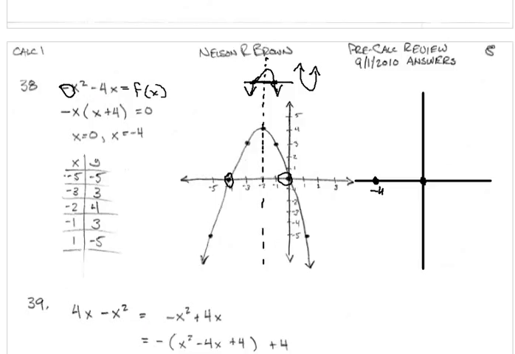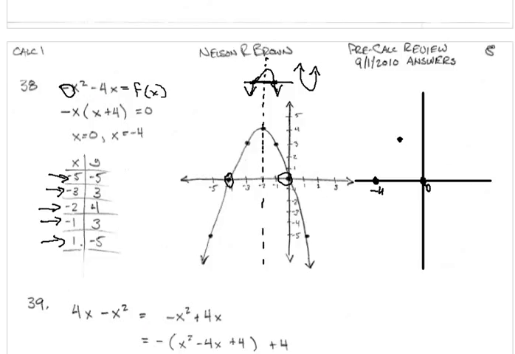So I evaluated the function at negative 5, negative 3, negative 2, negative 1, and 1. I didn't evaluate it at 0 and negative 4 only because I knew those values would be 0 already. Those points were already plotted, right? The very first thing that I did was evaluate it at x equal to negative 2, which was 4, so I plotted that point.